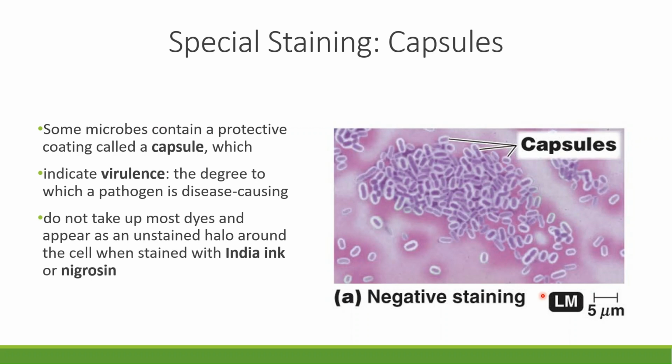These capsules do not take up most dyes, and they appear as an unstained halo that surrounds the cell when stained with India ink or another stain called nigrosin. This is a type of special staining that is referred to as negative staining because the background is stained and the organism or the cell wall itself is unstained.